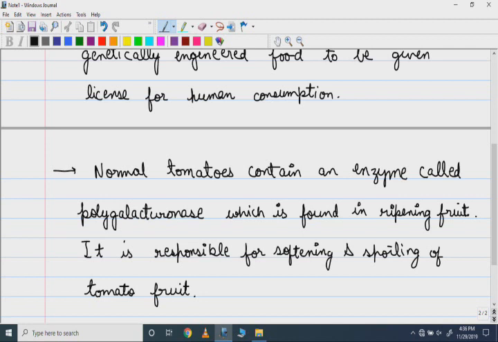So what do we do? We destroy this enzyme. How do you propose that we destroy this enzyme? Do you have any method? I want you to use your brains and try to tell me a method how you will destroy this enzyme.